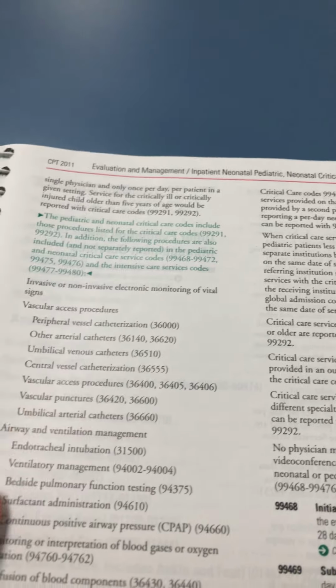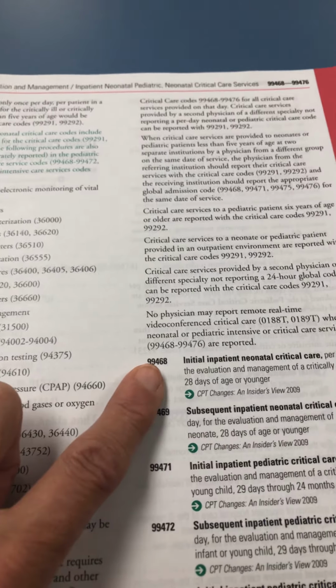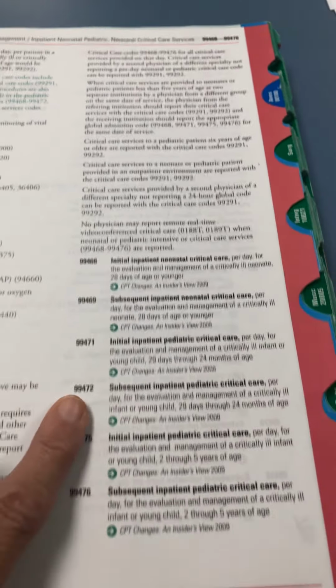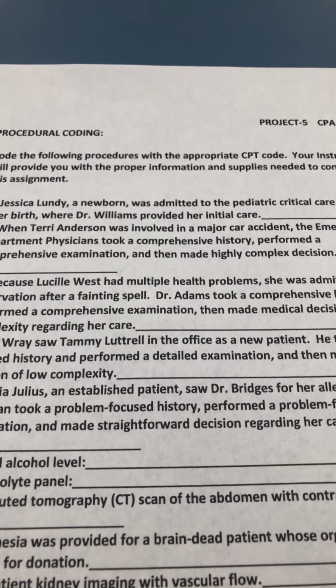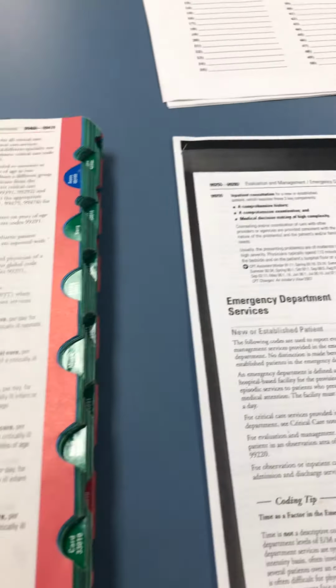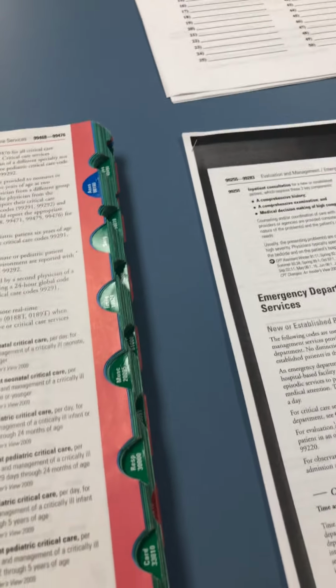So we're taking this information from over here, right? It's a newborn admitted for pediatric critical care. That's going to be one of our keys for finding this code, and then that they're in there for their initial care. So when we're scrolling through the book or our packet, we need to look for our headings, new or established patient, and then we know that it's a pediatric critical care patient. We're just going to read through and scroll through these and see which code pertains to what has been said over here. So we're looking for pediatric critical care, and it's going to be for her initial care.